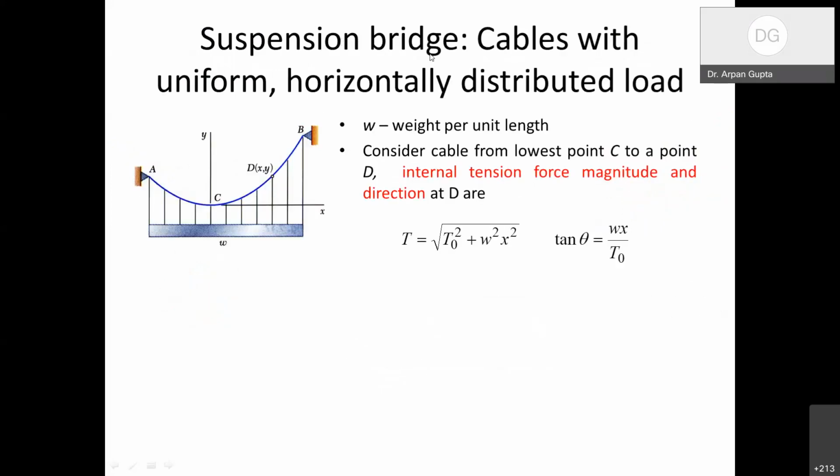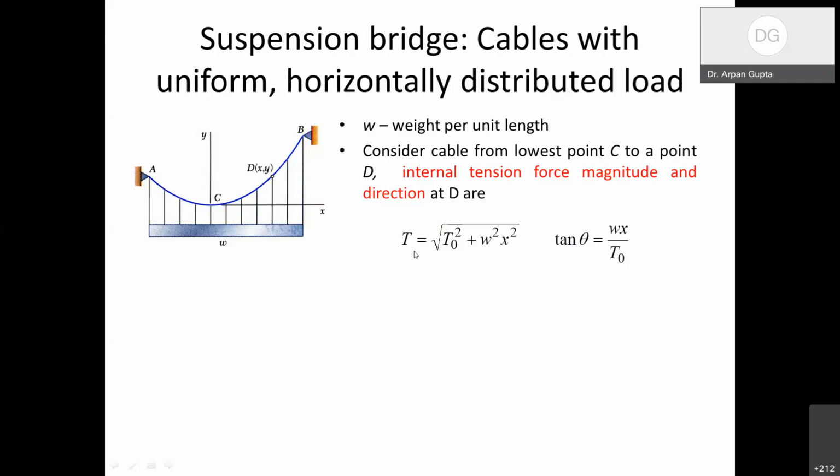And that is what leads to the suspension bridge problem, where you have a cable AB, but I have a road going below or some kind of load, which is uniformly distributed. So now we have w, which is weight per unit length, which is constant. Now we'll consider the cable from the lowest point C. So this is point C, and again we'll consider C to D for the analysis.